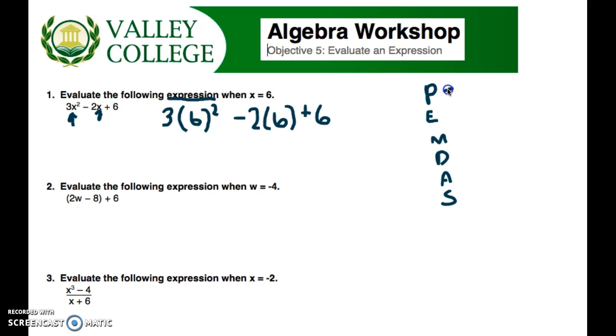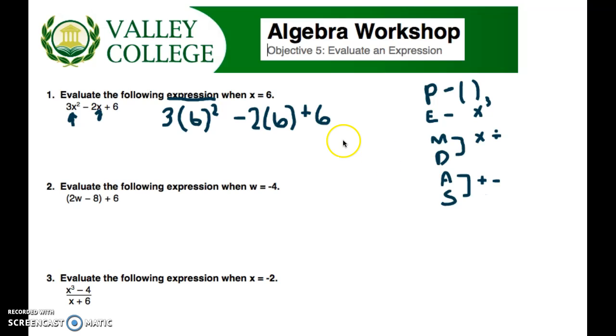We do anything in parentheses first. This is exponents. So if you have anything to the third or fourth or fifth or second power, we do that second. Multiplication and division, we will then do it in any order. And then lastly, addition and subtraction are what we would do last.